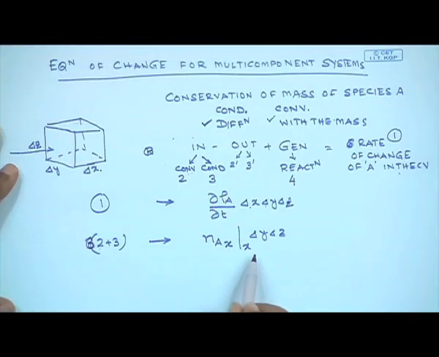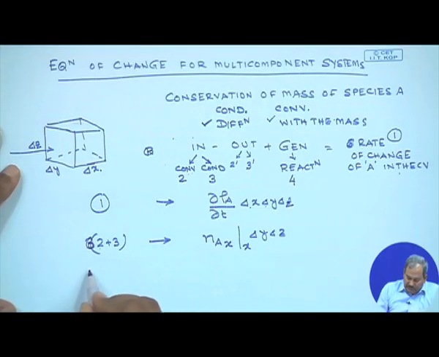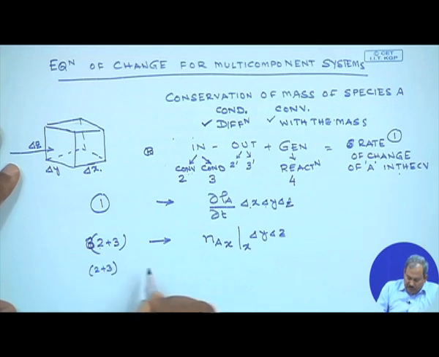The N_A, the mass flux of A that we are writing, we understand will have these two components embedded into it, and we will at some point have to put in the right expression of N_A that will consist of both conductive mass transfer and convective mass transfer in and out. So, what I have done for the first term, that is in, is this, and 2 plus 3 which is going out.